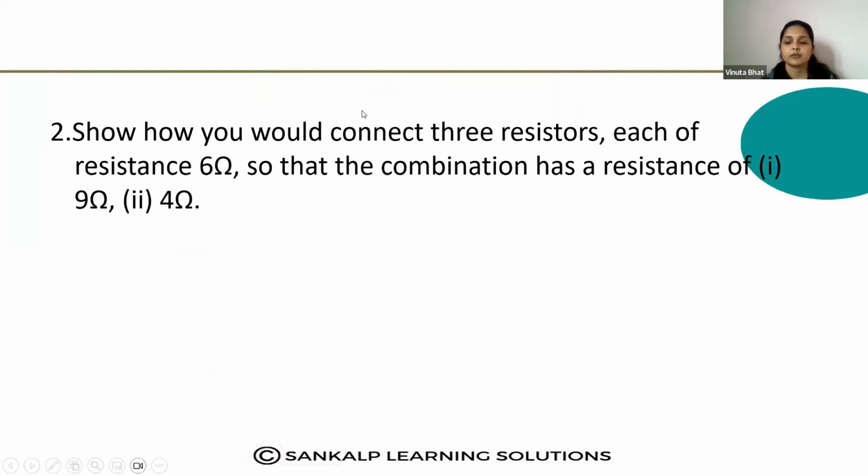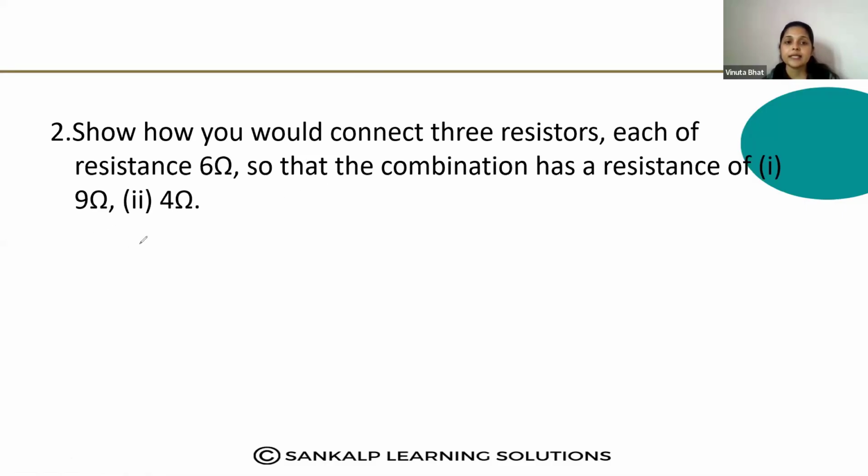Next question. Show how you would connect three resistors, each of resistance 6 ohm, so that the combination has a resistance of 9 ohm and 4 ohm.